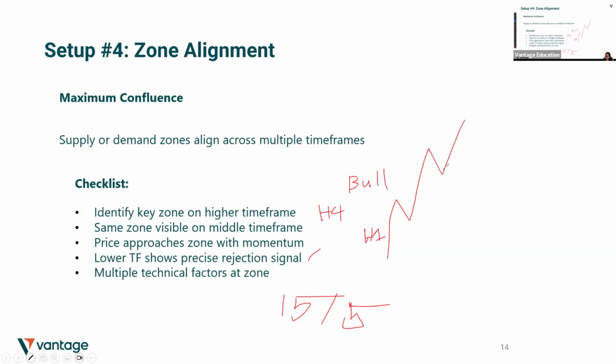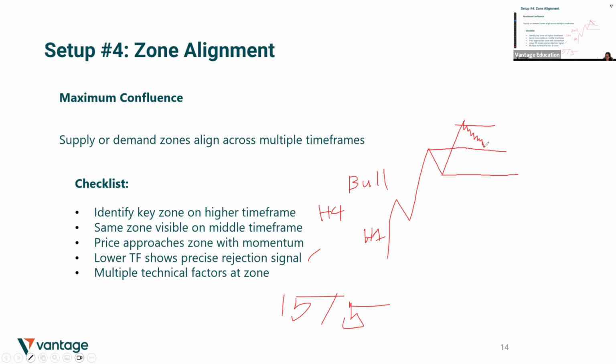On the lower time frame, price is still pulling back. This is the resistance in H4, this is support in H4, for example. Price is pulling back, and this is going to be the support.